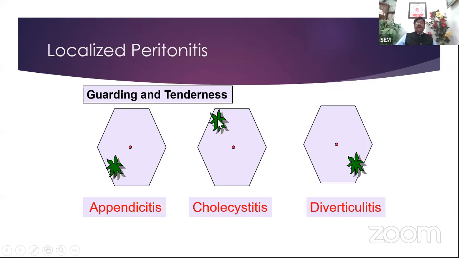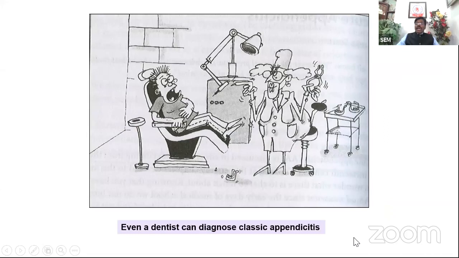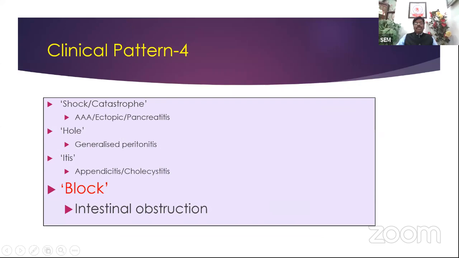There is Murphy's sign in cholecystitis, McBurney's sign in appendicitis, and in diverticulitis there is tenderness in the left iliac fossa. Appendicitis should be very easy to diagnose. We even say an orthopedic surgeon or a dentist can make the diagnosis, but it's not always so. There are some challenging situations. We'll come to that in a minute.